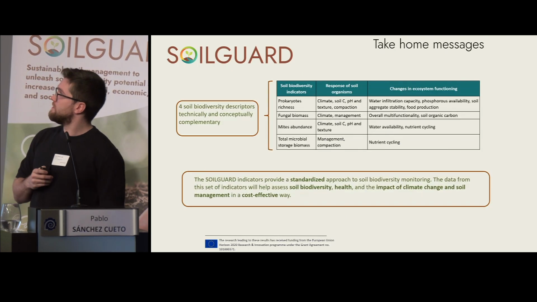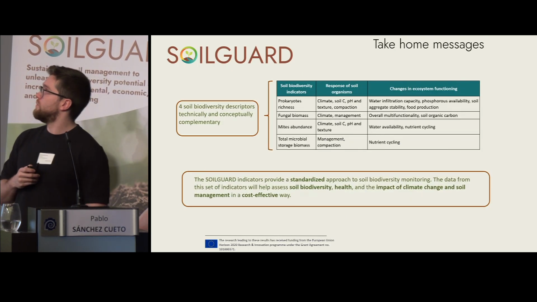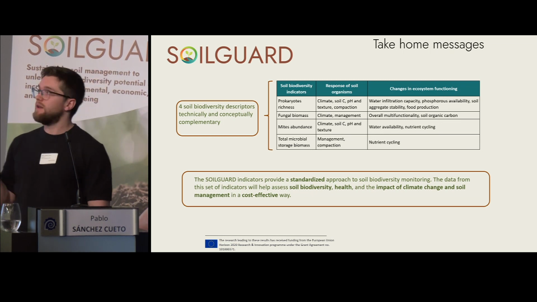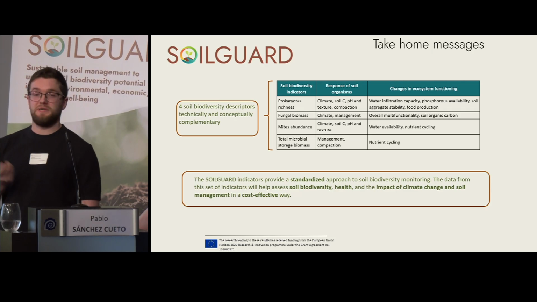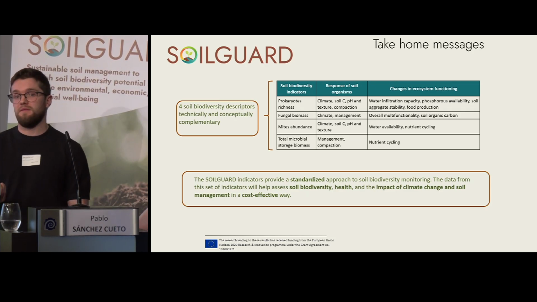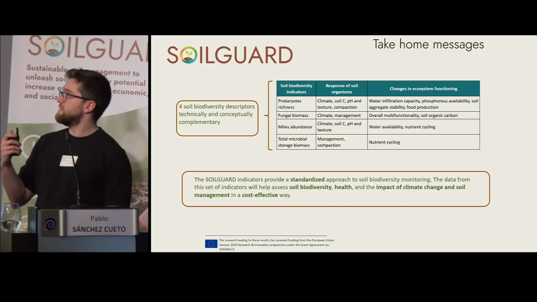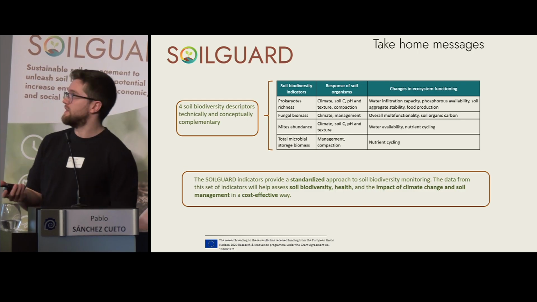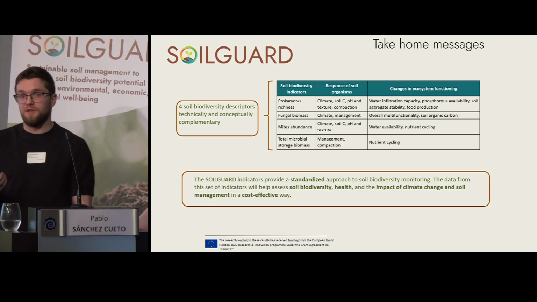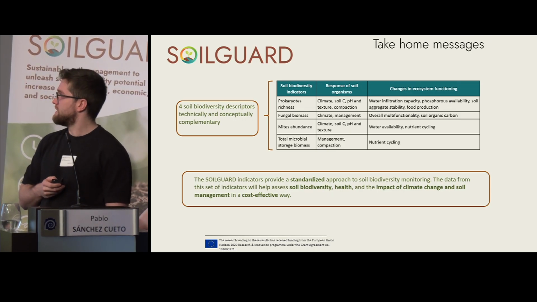So at this point, we would like to make a summary of these results. Across all, we have four soil biodiversity descriptors that are technically and conceptually complementary to each other. It must be noted that these are the SOILGUARD indicators, which provide a standardized approach to monitor soil biodiversity.